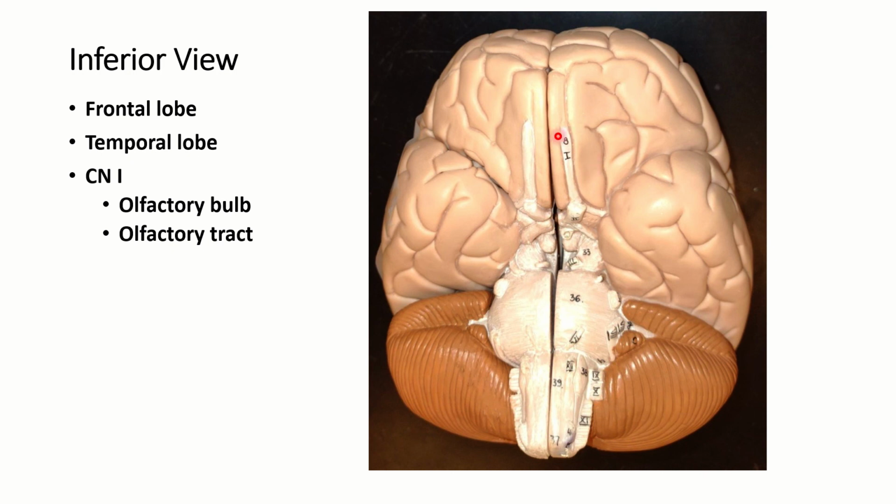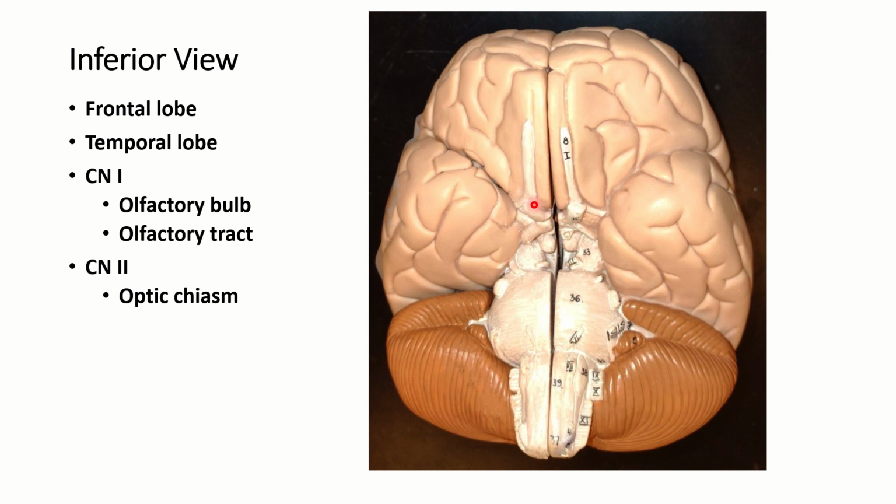This area is called the olfactory bulb, and then the axons continue here, and this is called the olfactory tract. This is not actually cranial nerve 1, it's a continuation of the same olfactory information. So this is the bulb, and this is the tract, and it goes all the way on the medial side of the temporal lobe, and the cortex of the temporal lobe.